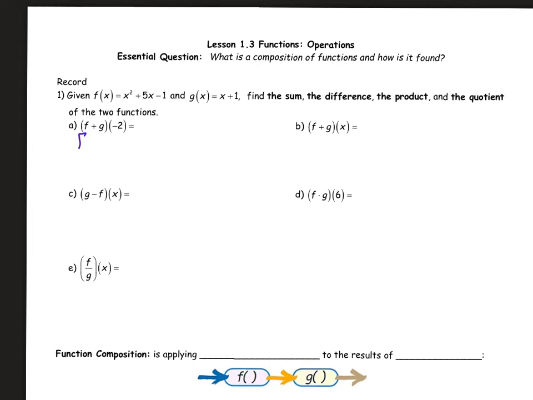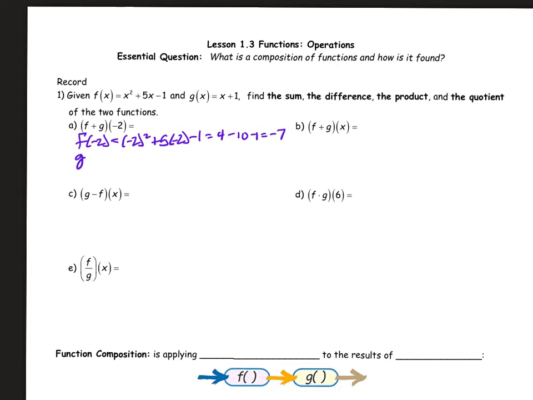I can say f of -2 equals -2 squared plus 5 times -2 minus 1 equals 4, oh, not times, sorry, let me fix that. 4 minus 10 minus 1, which equals -7.